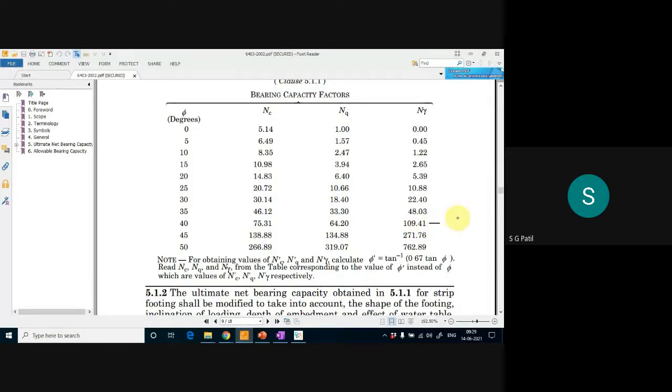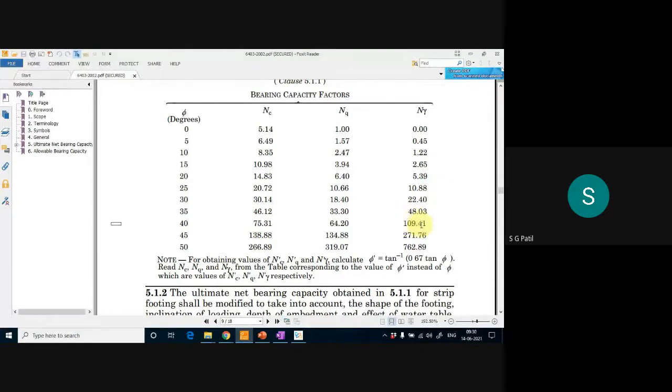If you want to interpolate, you can, but I will consider it as 109 because I don't have a 39 degree phi value. The nearest value is 40 degree, which is around 109. If you want the accurate value, you have to interpolate between 35 and 40, and in between, 39 will come. A little lesser than 109 you may get, but I will consider the full value.